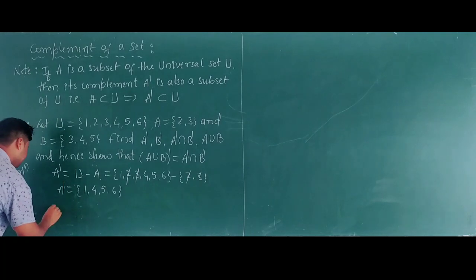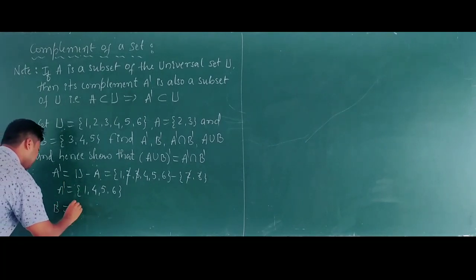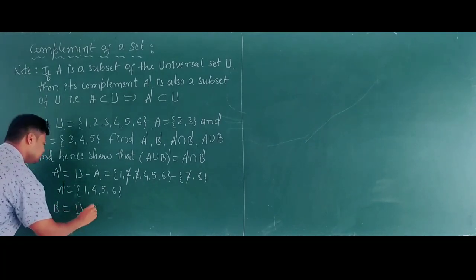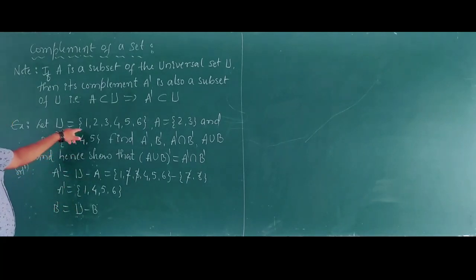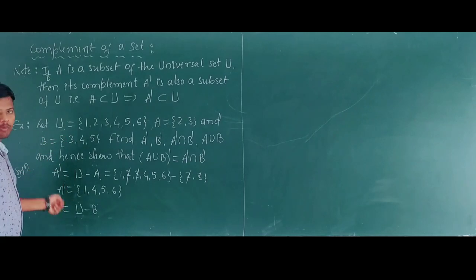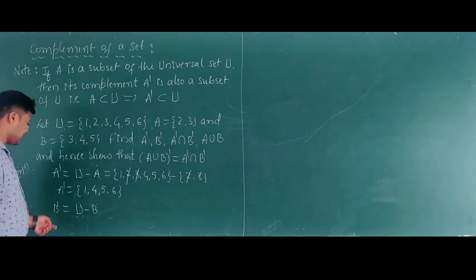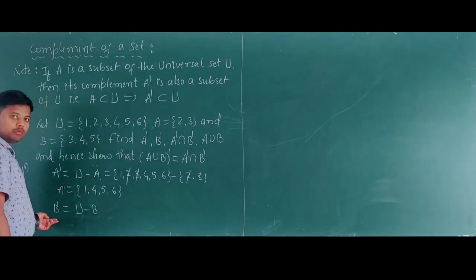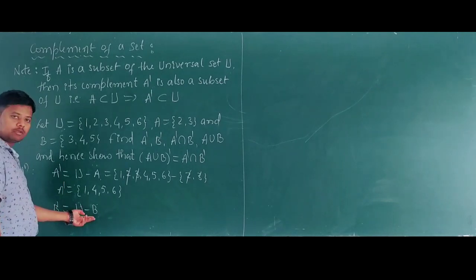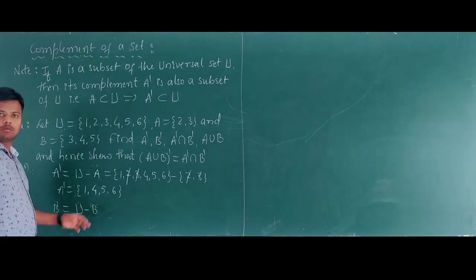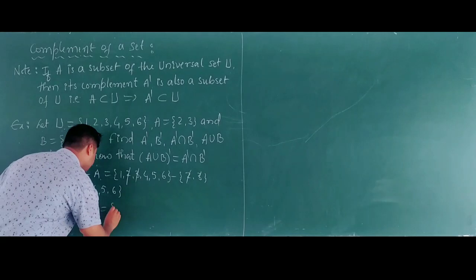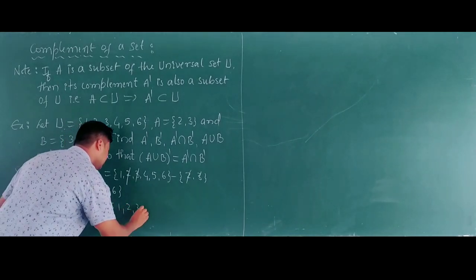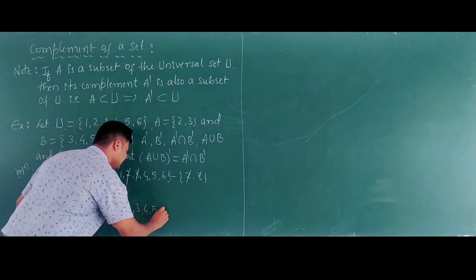Next, B dash. B dash is the formula U minus B. Here A and B are subsets of the universal set. Generally for a subset we find the complement. So B dash equals U minus B. What is U? 1, 2, 3, 4, 5, 6.